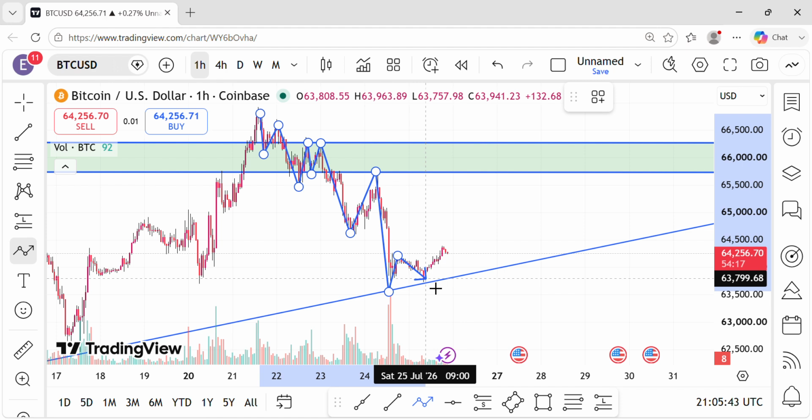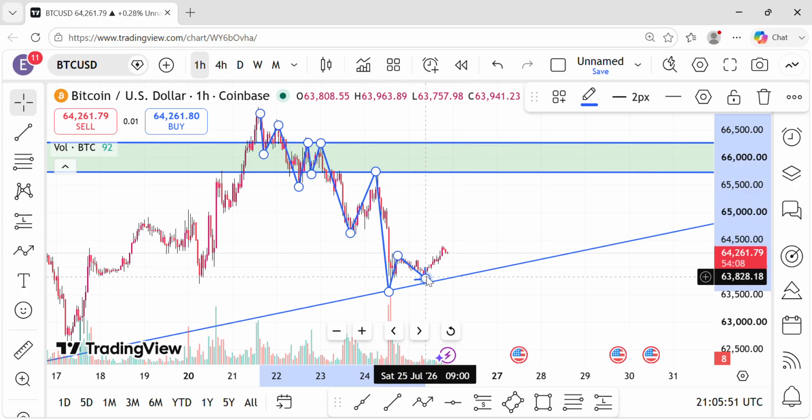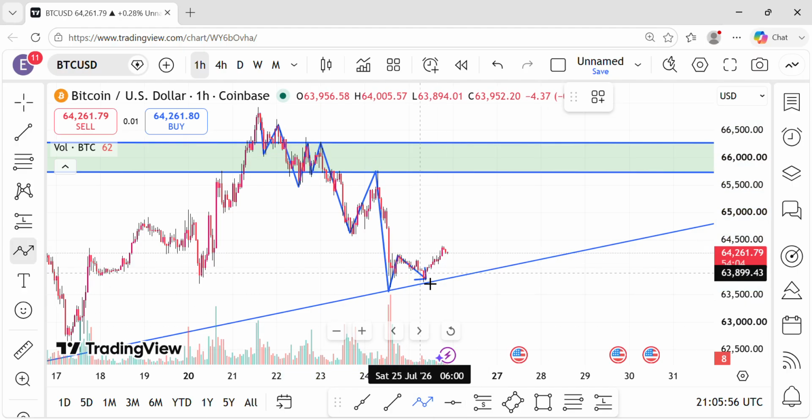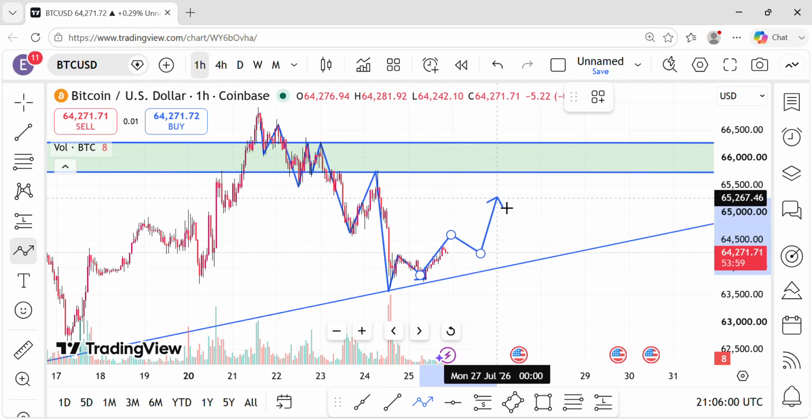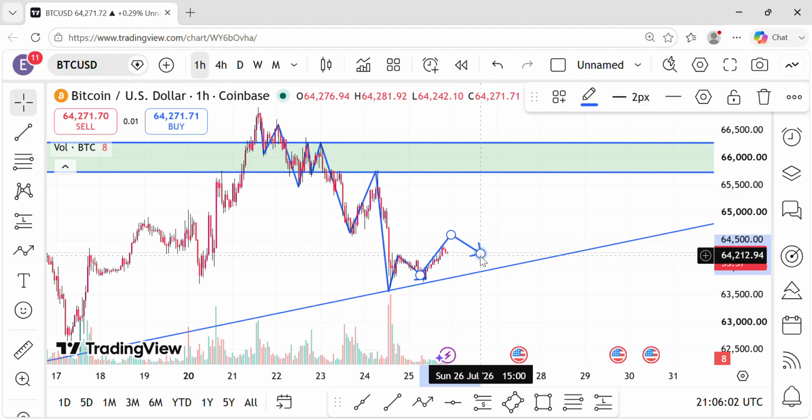And now what we need to do is that we need to wait for this price action to finish what it wants to do, the romancing, do whatever it wants to do here.